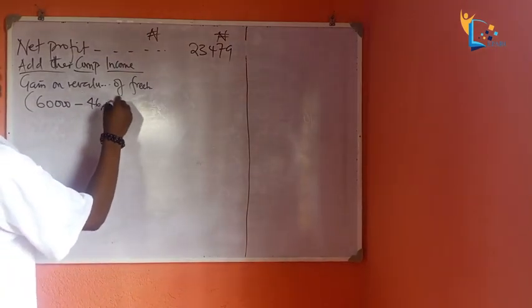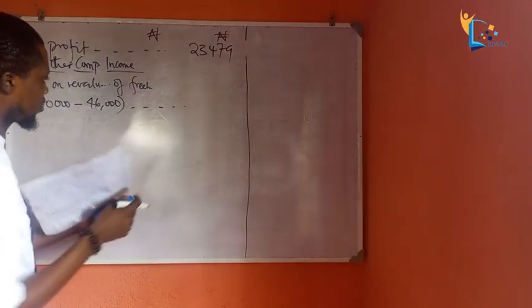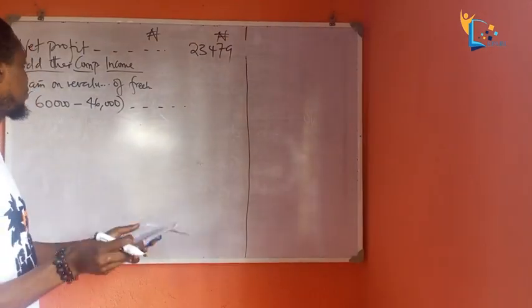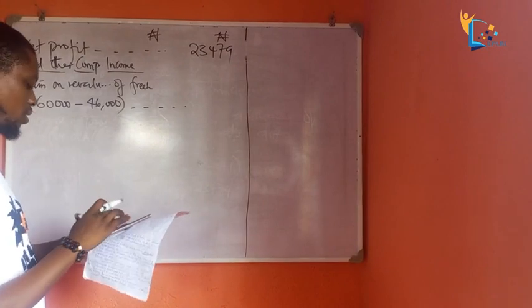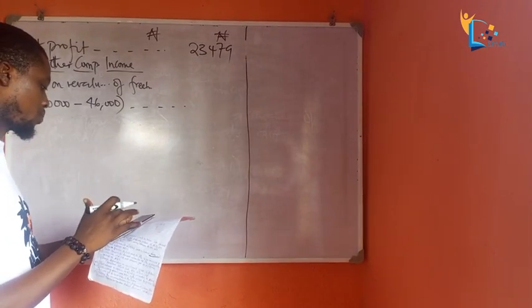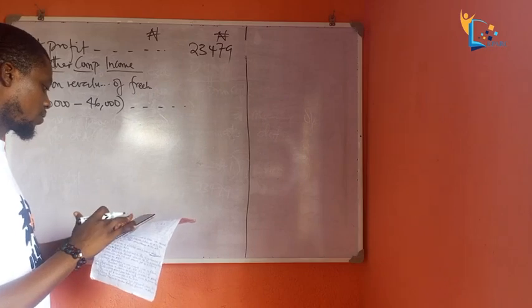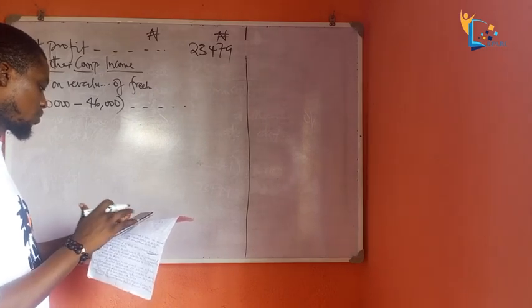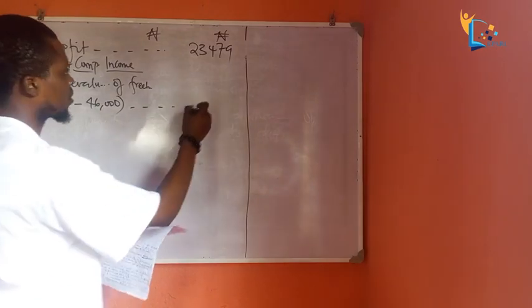60,000 minus 46,000 will give us 14,000.